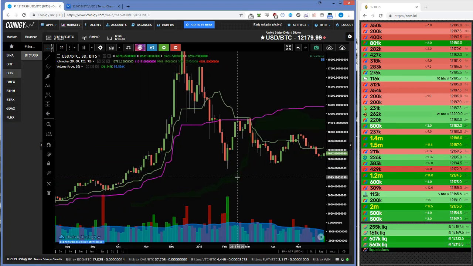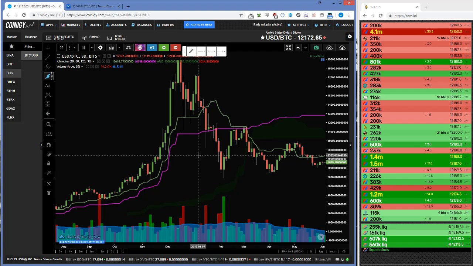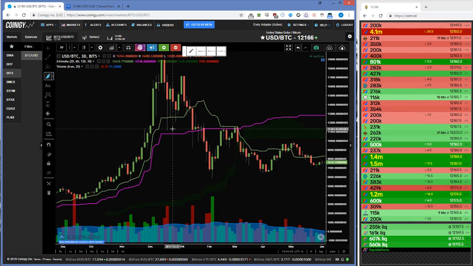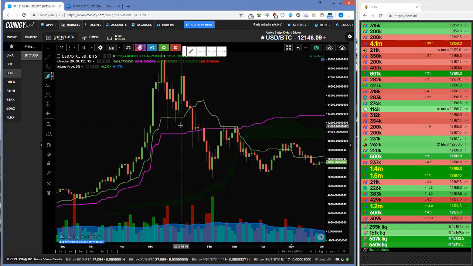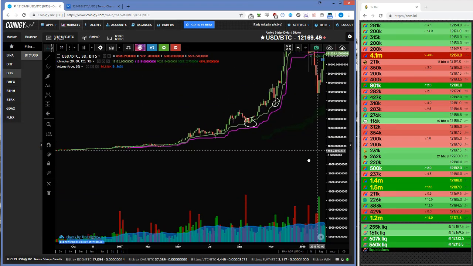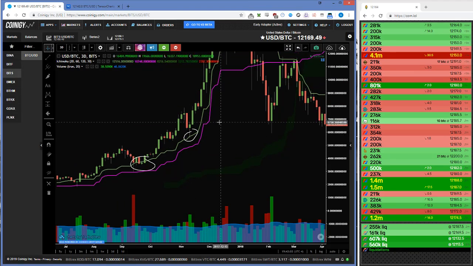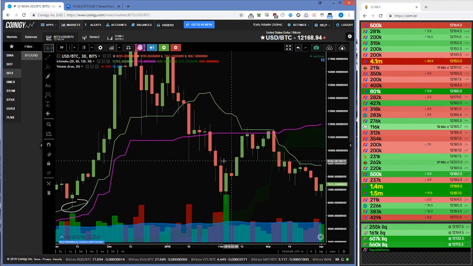You can also use it, and I see it commonly used, for support and resistance levels. You expect price to bounce at the lines. If you're in a bull trend, you want it to bounce at the green line, I'm pretty sure. Your second resort is the pink line, similar to how we were using the 200 and the 314.